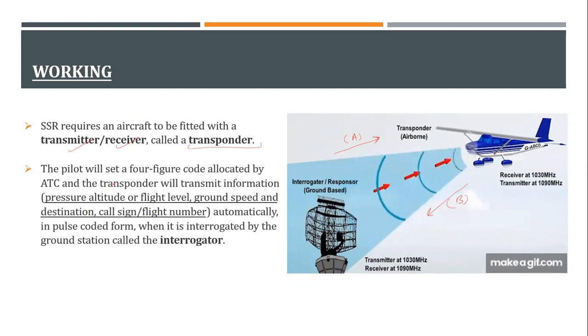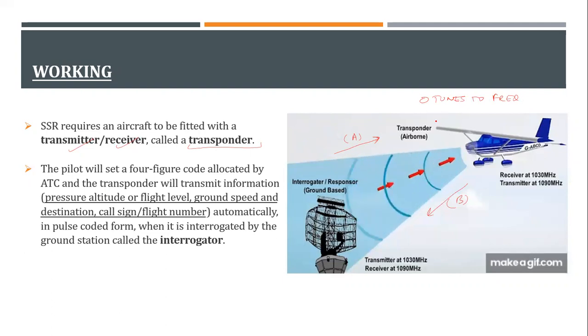Okay, how does it work? As we remember in our VOR and ILS, we had different frequencies. So the pilot tunes to the frequency. Whenever the pilot tunes to the frequency, then only that particular radio aid or the frequency is able to be noticed by the aircraft.